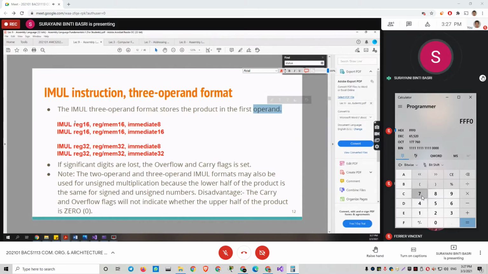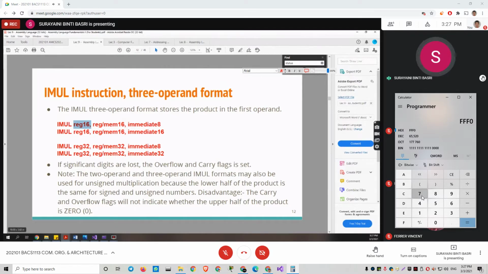So you multiply this with this, and then the result later will be stored in the first operand. That's why it must be a register here, because a register can store the result of your multiplication. If the significant digits are lost, the overflow and carry flags are set, same as the previous.